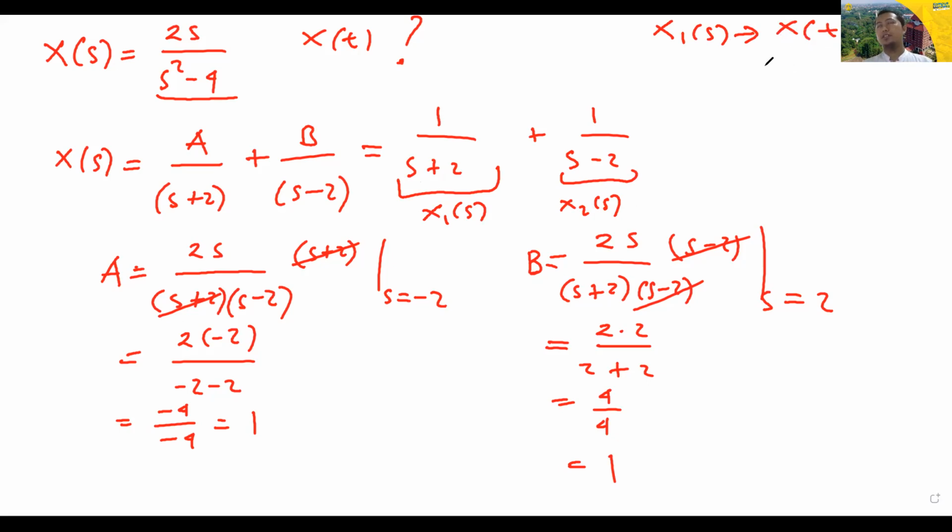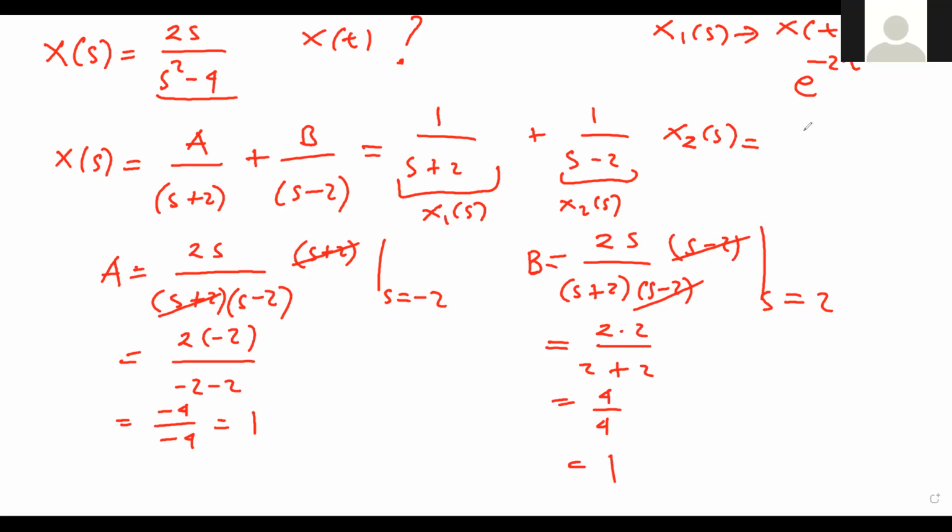Yeah, you can check it in the table. For those who already understand, we can write easily that x(t) becomes e to the minus 2t.